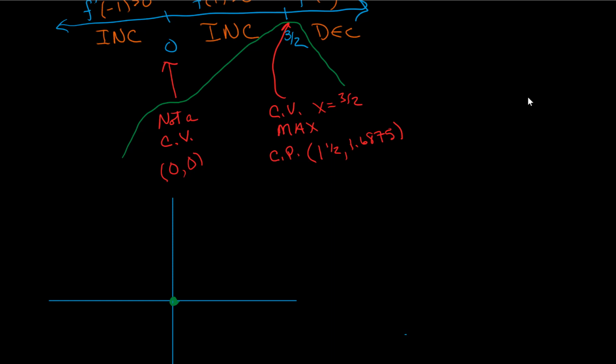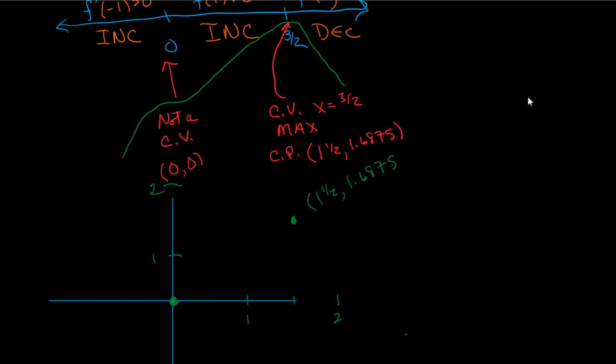Then when I come over to x equals 1.5, so here's 1, here's 2, at this 1.5, which is right about here, I have a y value. I'm just kind of guessing where that is. This is going to be 1.5, comma, 1.6875. So a y value of 2 would be about here. A y value of 1 would be about there.